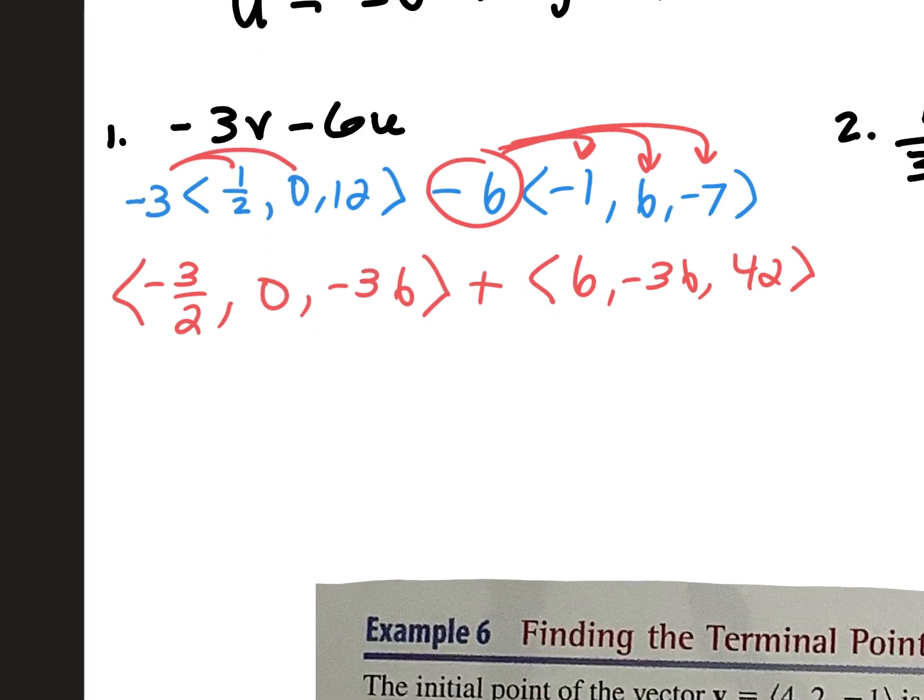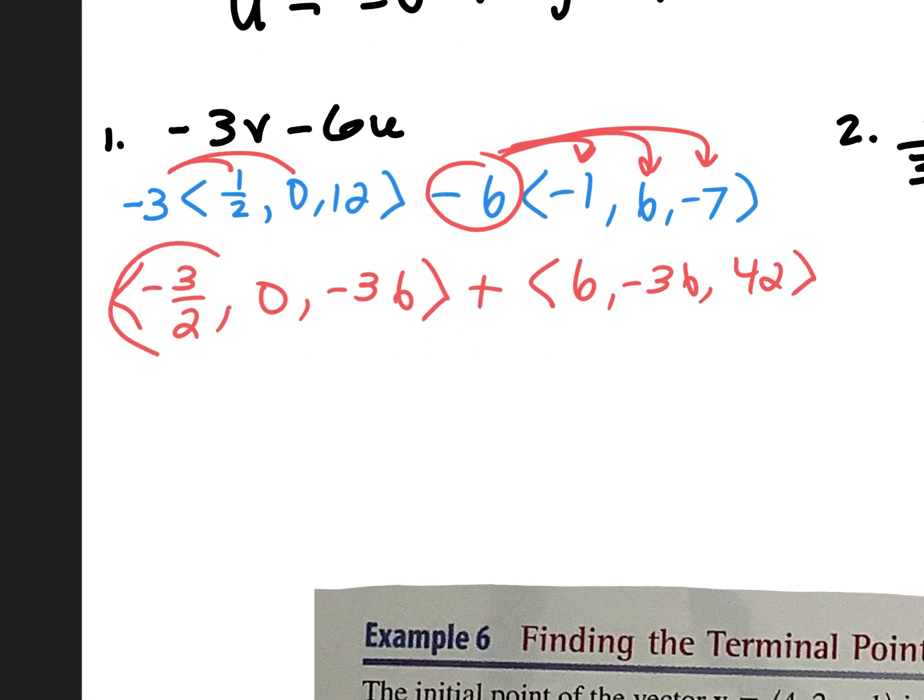Okay, so first with first, we're going to say -3/2 plus 6. This is the hardest math you're going to have to do, guys. -3/2 plus 6/1. Well, what's the denominator here? 2. This becomes a 12. So what's -3 plus 12? 9. So +9/2.